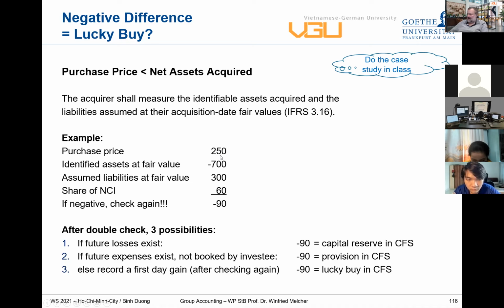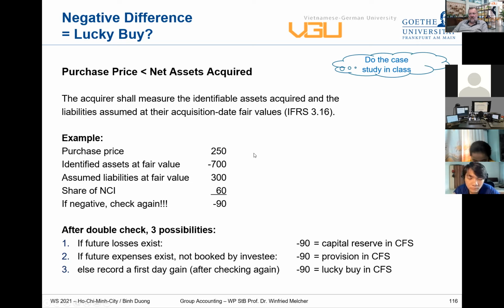So instead of paying 340, which is 250 plus 90, because if we would increase the purchase price to 340, then this whole thing would be zero, and what the shareholders will pay is just the fair share in the net assets, right?